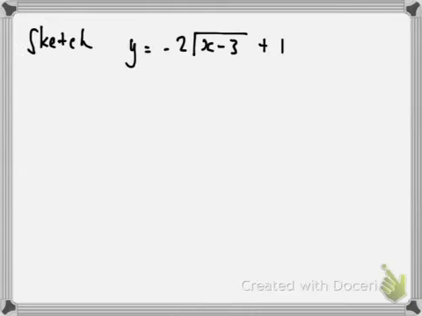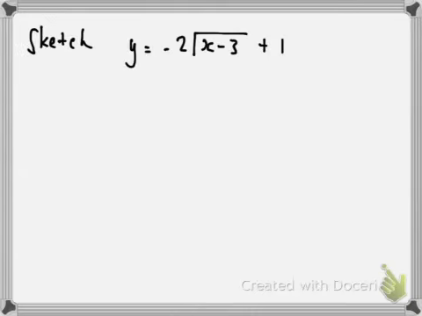Let's sketch this one. y equals negative 2 square root of x minus 3, plus 1. Might just identify its general shape. If we go to this here, it definitely falls into this category. So it's this orthodox type graph, y equals a square root of x minus b, plus c, but the a is a negative number, it's less than 0.